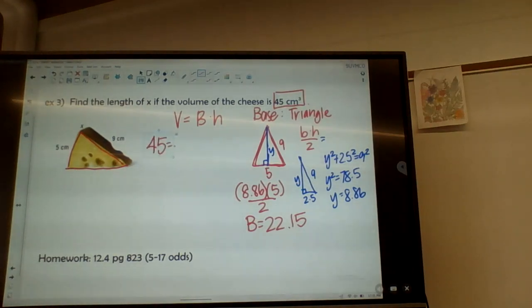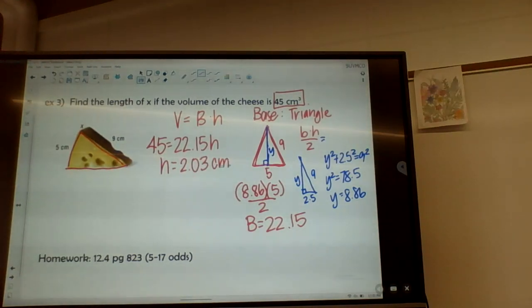So 45 equals 22.15 times h, and we're trying to figure out h. And I find out h is like 2.03 depending on your rounding, and that'll be centimeters. So definitely a tougher question there, not quite as straightforward as you wanted it to be.